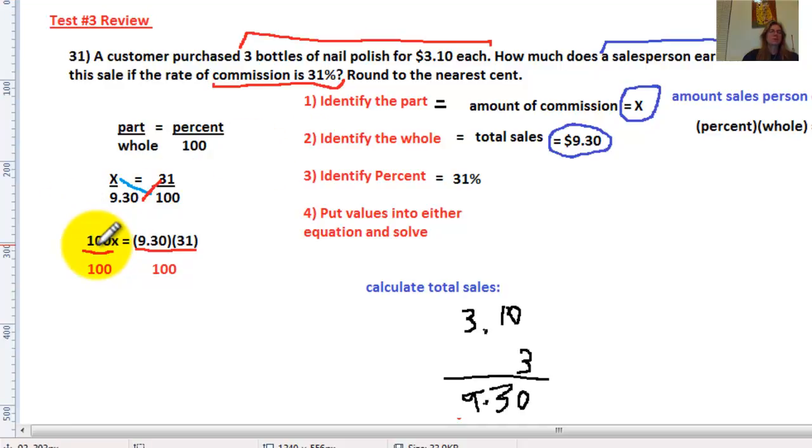So that 100 over 100 is a 1. Then this becomes 1x. Then x is just equal to this math. So x will then equal $9.30 times 31 over 100.